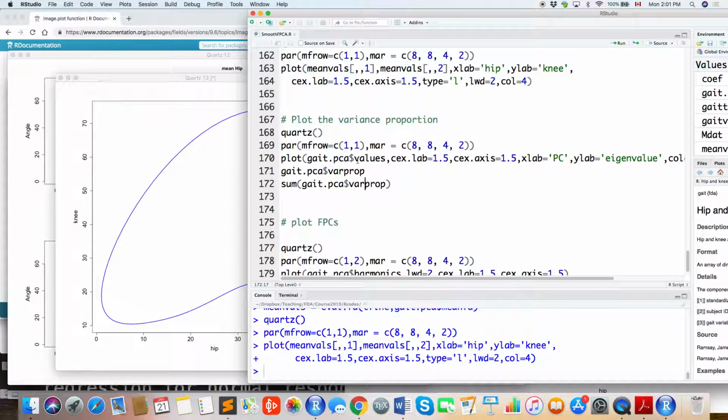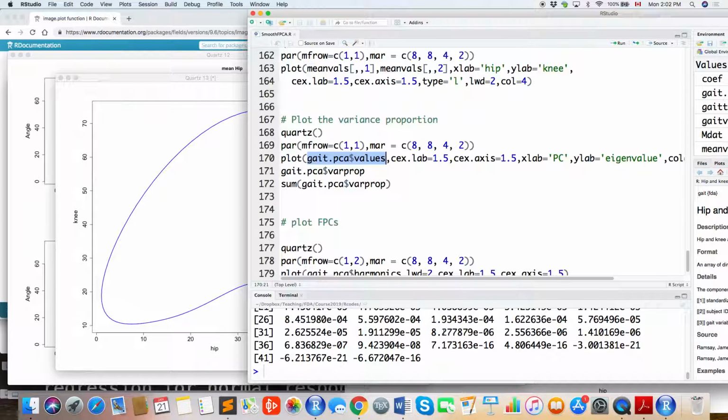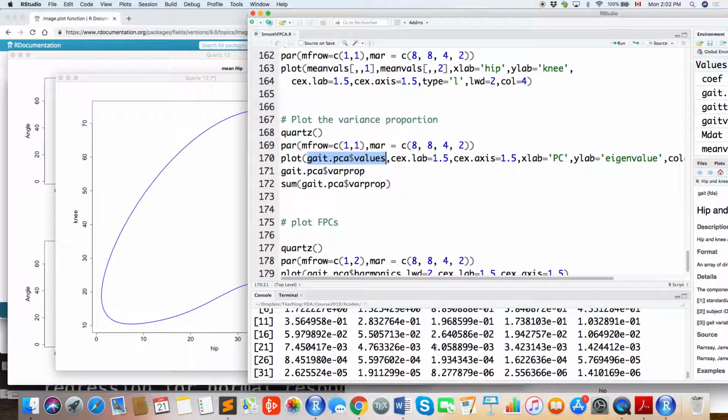Then we can also look at the eigenvalues. Remember, the PCA values will provide the eigenvalues.